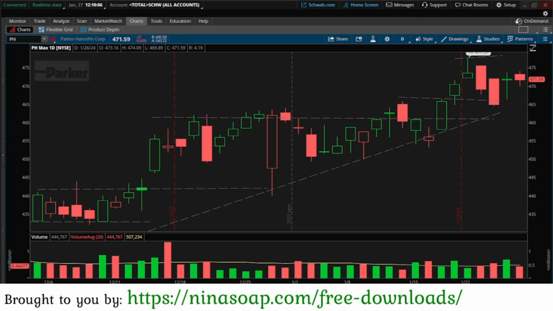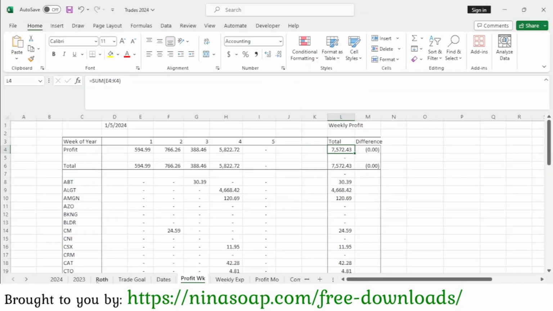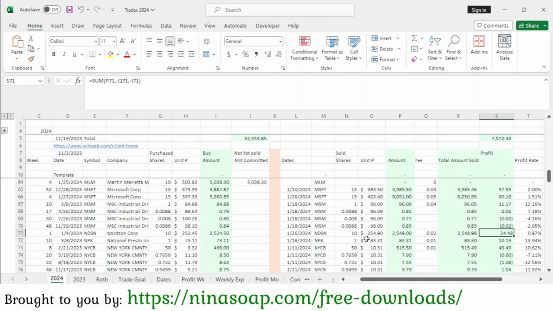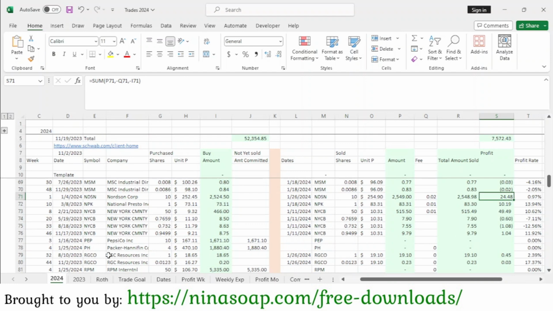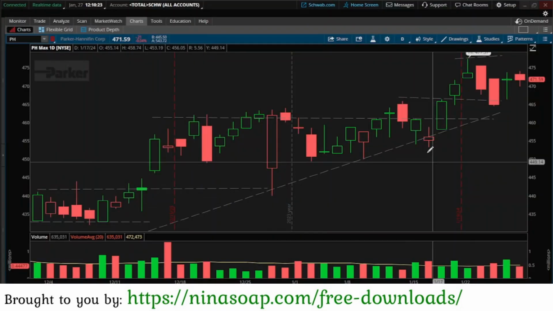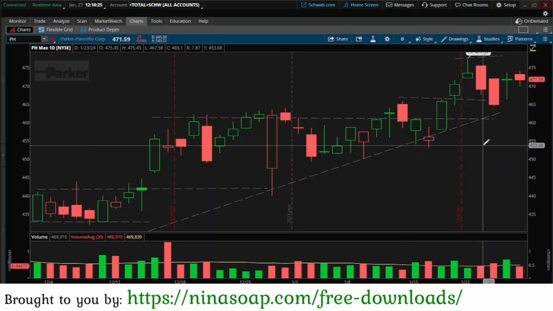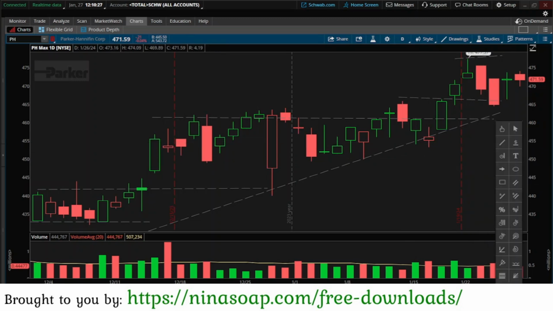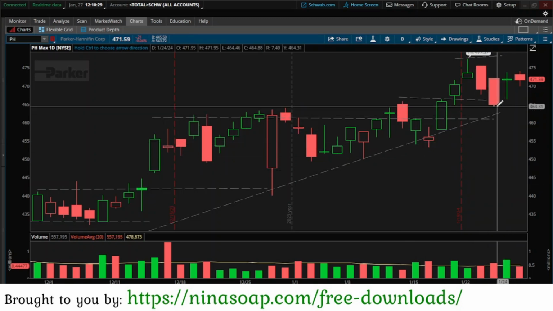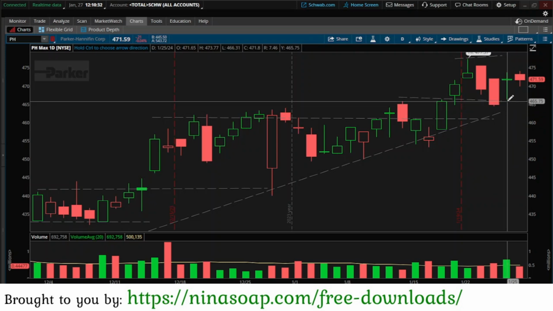I'm not seeing the arrow here, so I need to go to the trade. Here we bought PH on the 25th. Okay, so 25. Let me change the bar to arrow first. 24, 25. So I'm going to put it here.